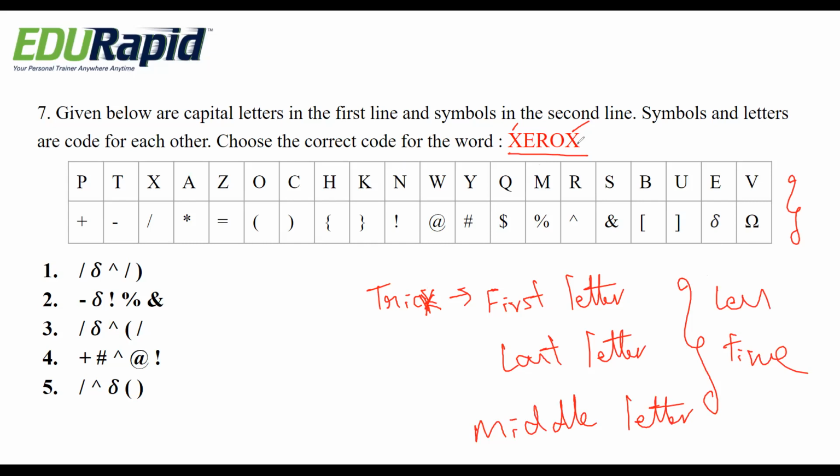Let me check with the first and the last one. Both are X. From the table, for X it is divide. So the first and the last one is divide. That is option 3. See, within 2 seconds we get the answer. So please use this trick. Please write this down in your paper and book.